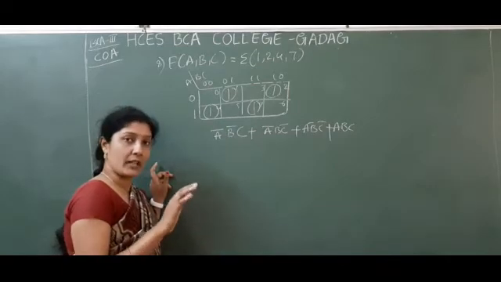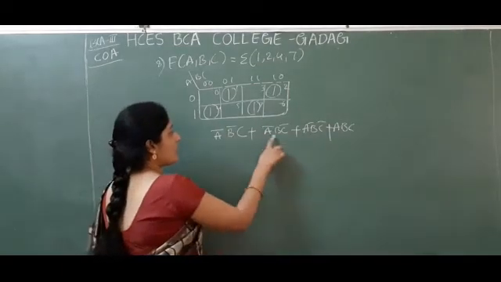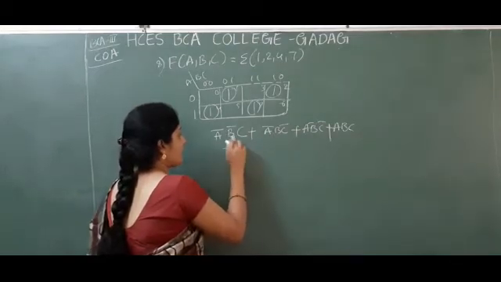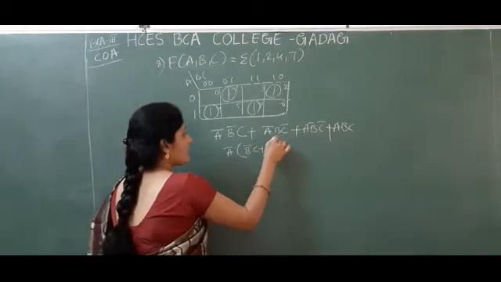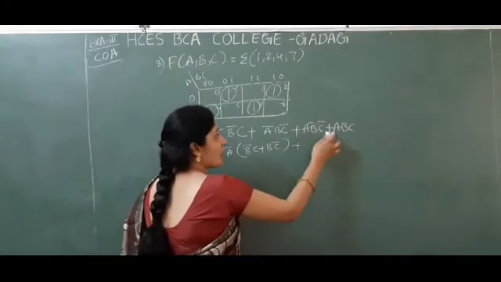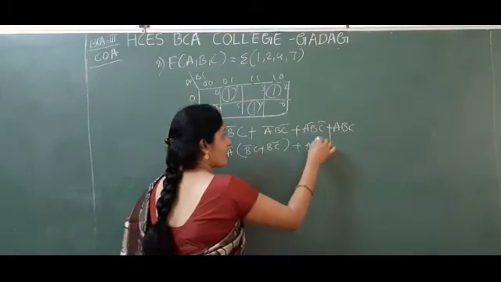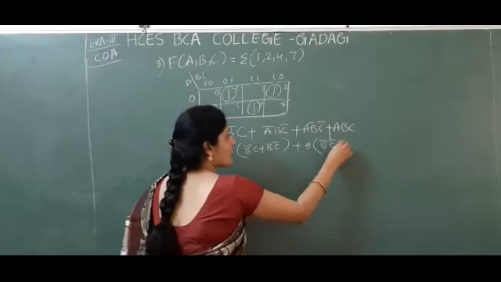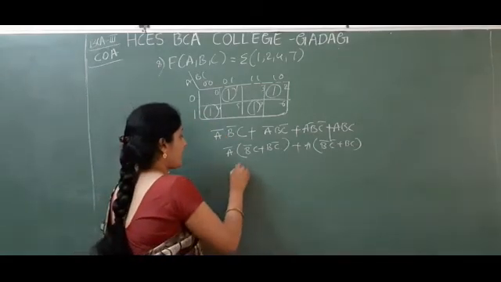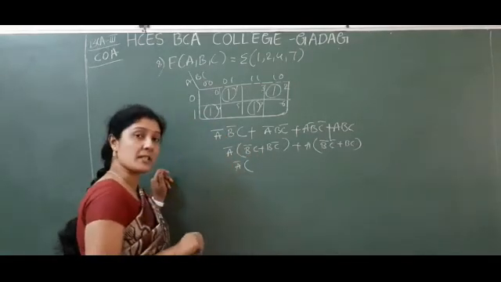Now we can simplify it further. Okay, so in these two, which is common here? A bar is common. B bar C plus B C bar. Plus in these, which is common? A is common. This one B bar C bar plus B C. Now A bar into what is this, B bar C plus B C bar?